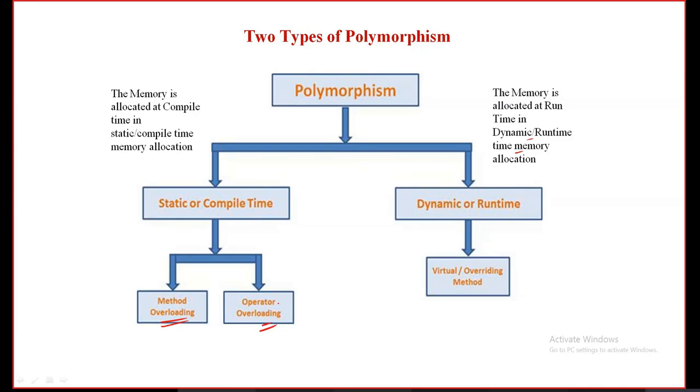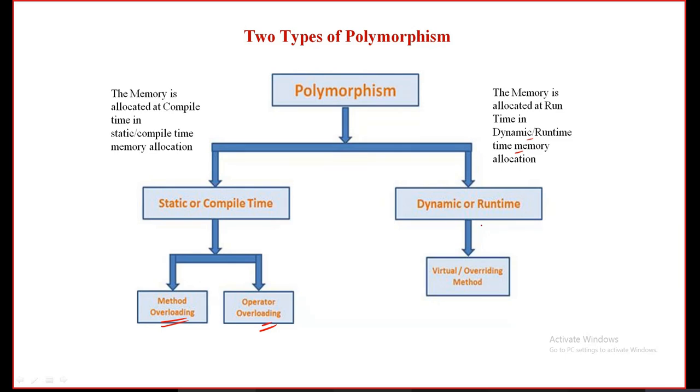We saw there can be multiple meanings for operators and multiple meanings for functions. Functions or methods, the terms are used interchangeably, so we can denote functions with the term method also. Clear?